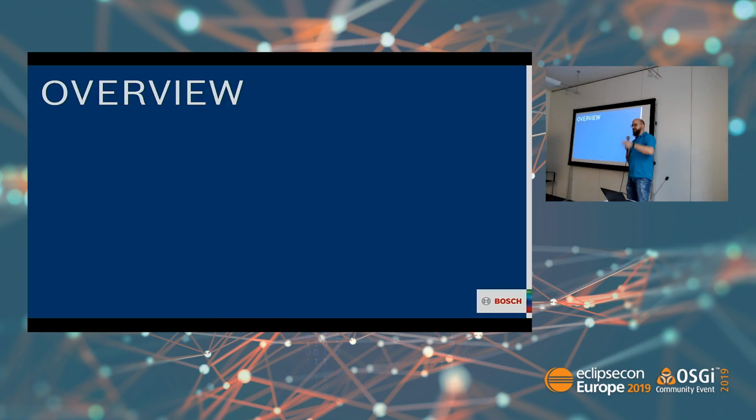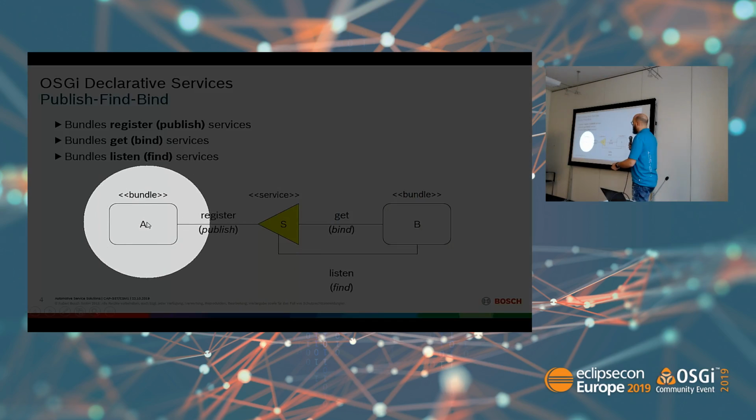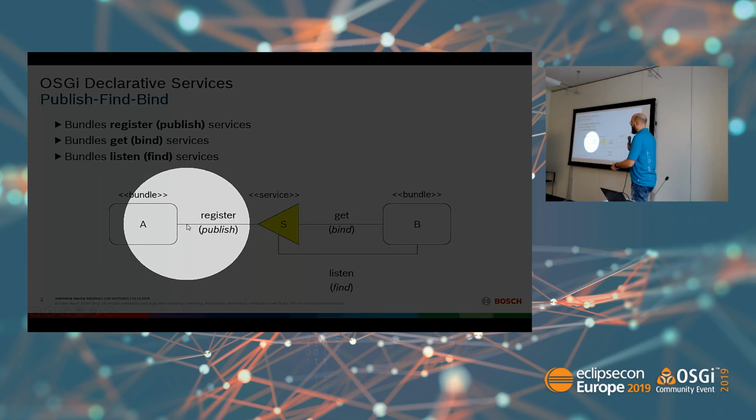I have plenty of slides because that topic is quite big, even easy. It's big. So let's start with this picture. You might have seen this before, and it's inverted from the spec. So we have a bundle A that is a service provider. So it registers a service somewhere.